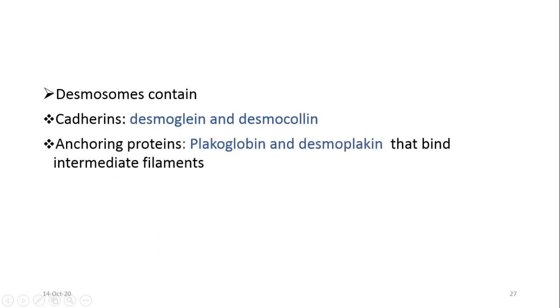Desmosomes contain the following proteins: cadherins, two types, desmoglein and desmocollin. They belong to the family of cadherins, and it contains also anchoring proteins, plakoglobin and desmoplakin. These are found on the cytoplasmic site. They are connected to the cadherins, and on the cytoplasmic side they bind the intermediate filaments.